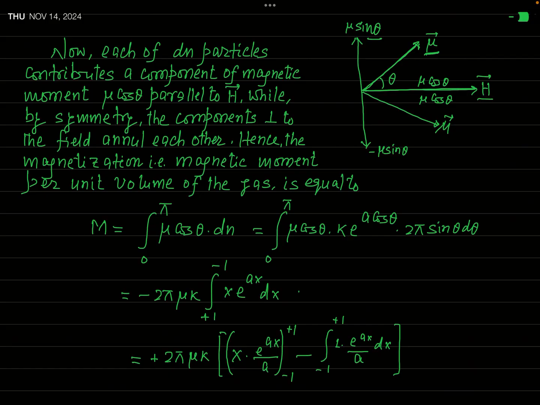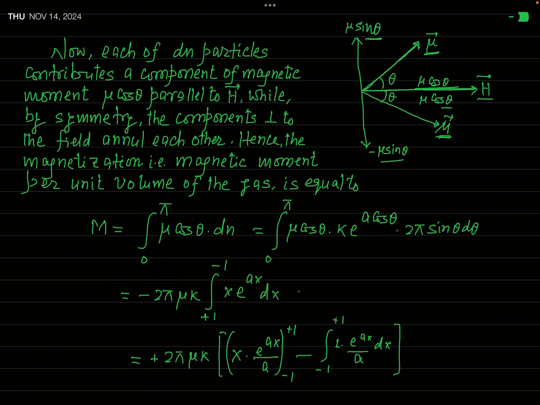So μ cos θ is the component of μ parallel to H, and μ sin θ is the component perpendicular. Now by symmetry, you can also take an atomic dipole making angle θ in this direction. The component of this μ parallel to the field H will again be μ cos θ, and its component in a direction perpendicular to H will be minus μ sin θ, along the negative y direction.